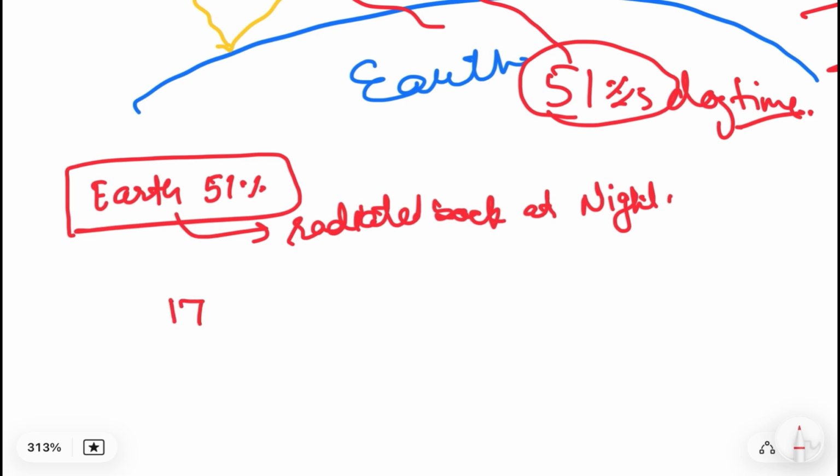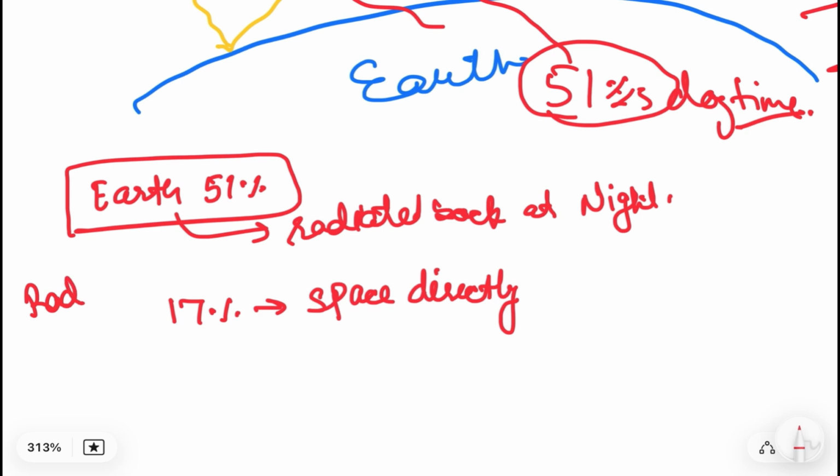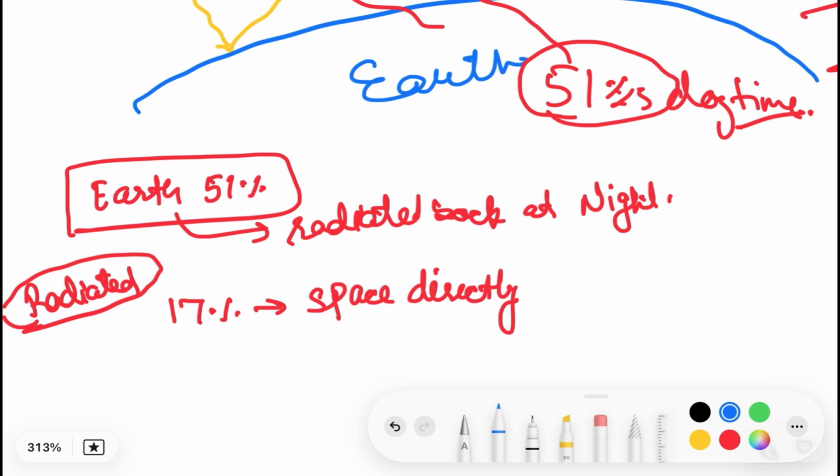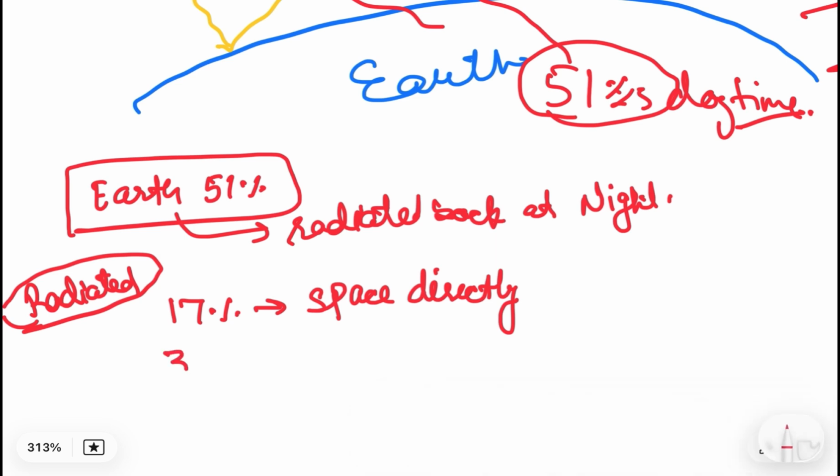Out of them, 17% will go to space directly, and 34% is first absorbed. So during the day it is absorbed, and at night it will radiate.